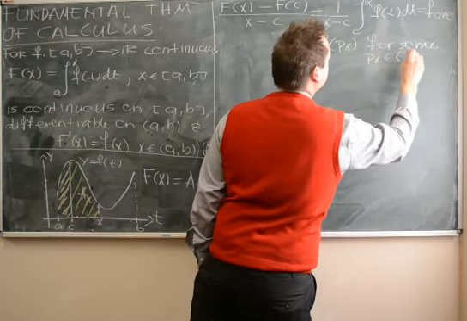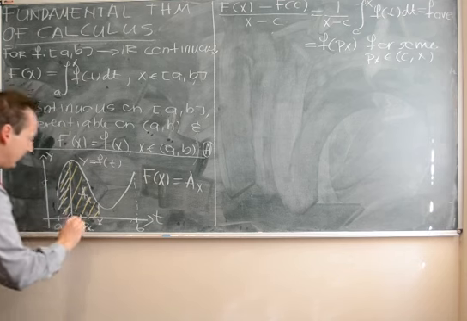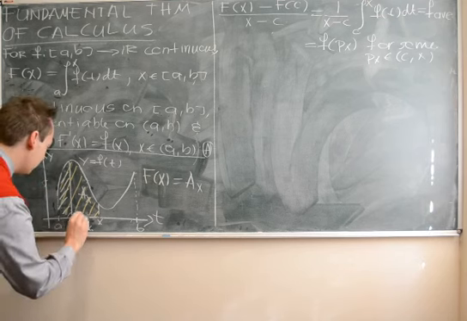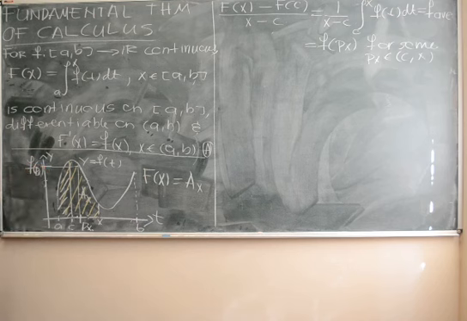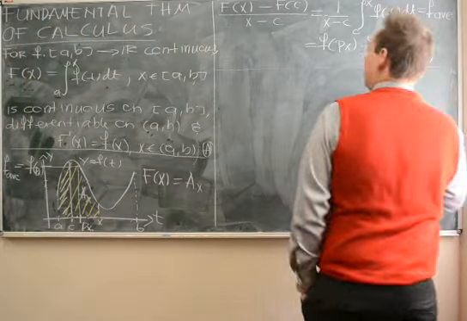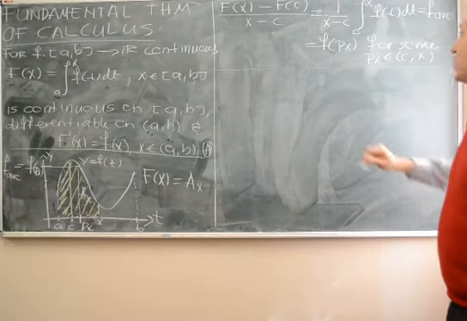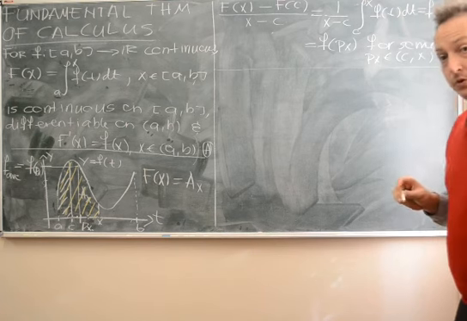So we have, say, p_x over there between c and x, and f of p_x is equal to the average value of f on this interval. It turns out that this is all we need to see that the derivative of big F is equal to small f.